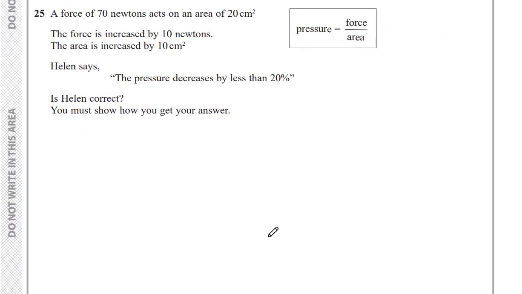All right. Now, pressure is force divided by area. 70 newtons acts on an area of 20 centimeters square. So that pressure is 70 over 20. So that is 3.5.